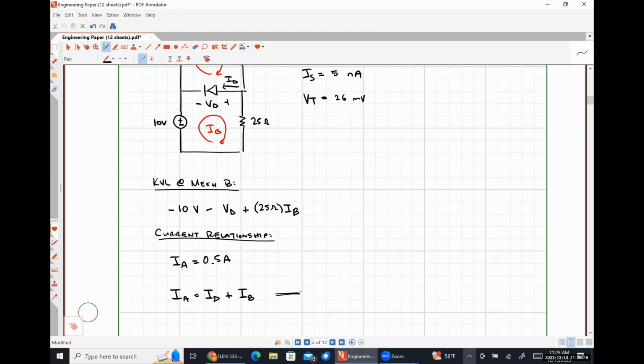And so we could rearrange this a little bit to find that IB is equal to 0.5 amps minus our diode current.